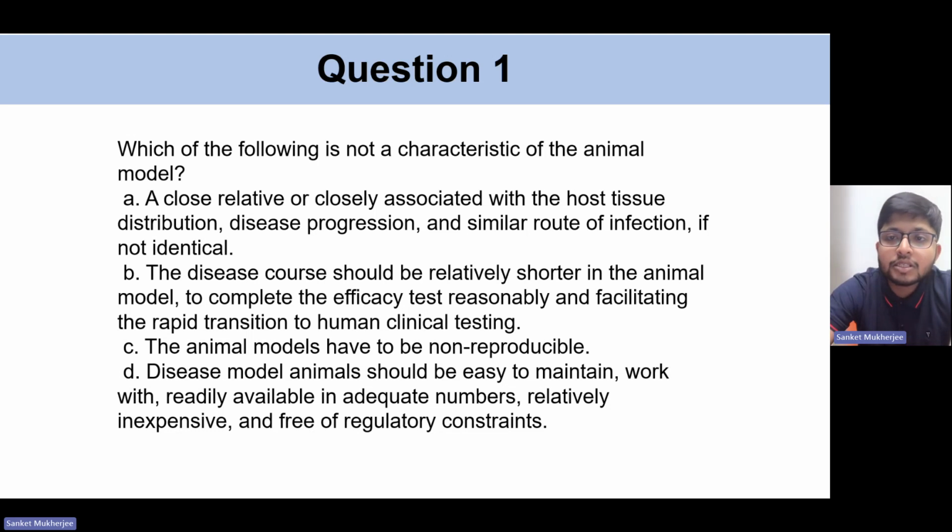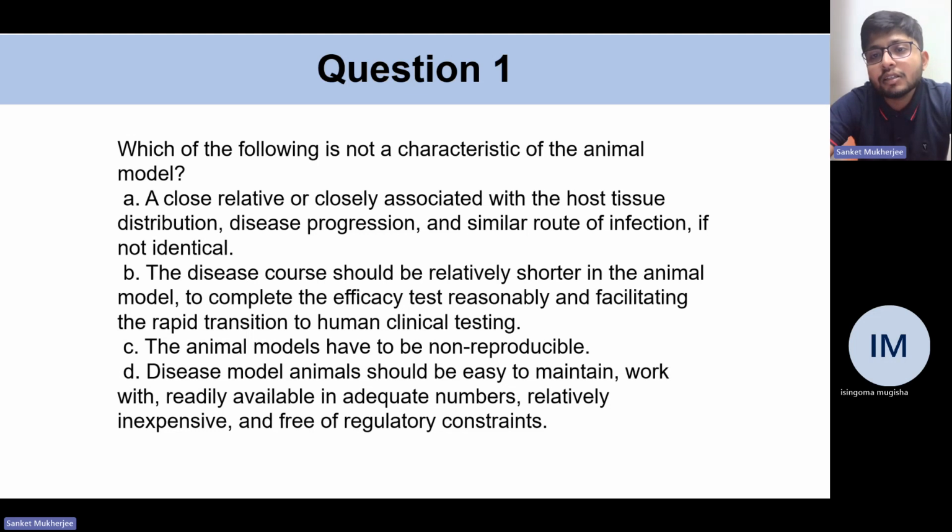In fact, the animal models can reproduce, although in certain cases we do prefer male mice or other kinds of animals because some of the hormones that are associated with pregnancy might affect the testing. But in general, an animal model need not be non-reproducible. It needs to not be infertile. So that is the answer to this question.